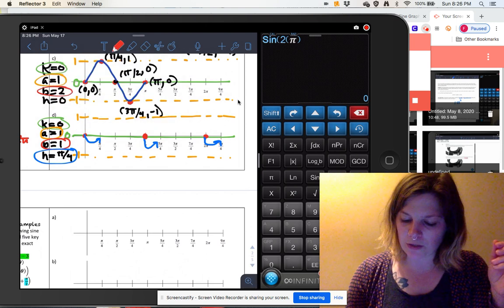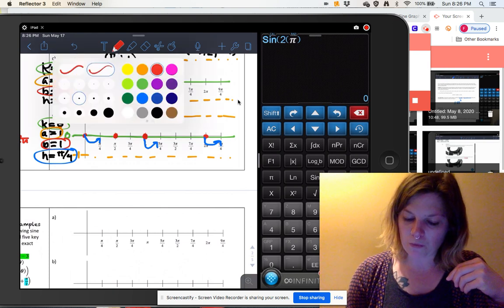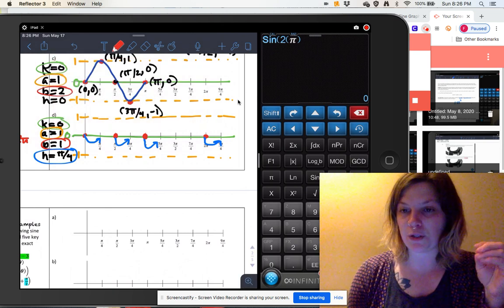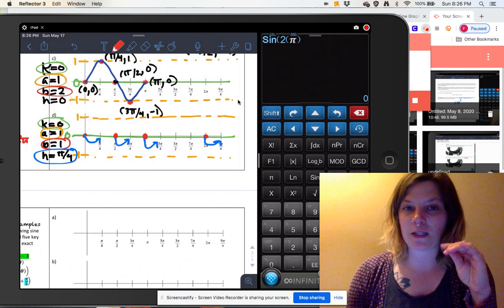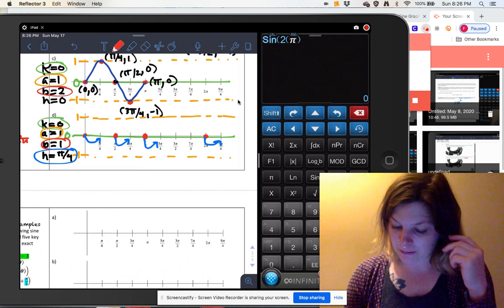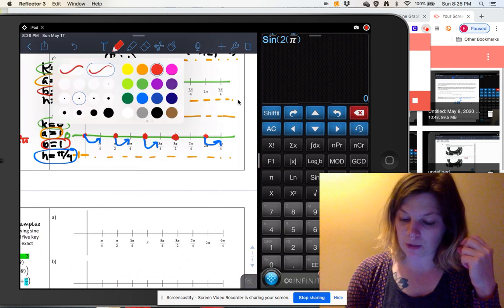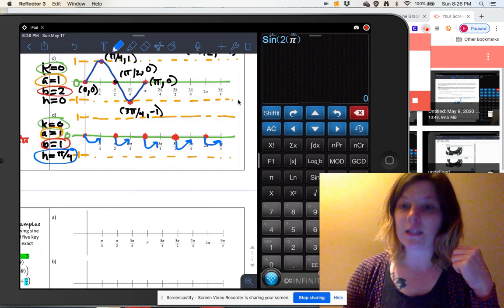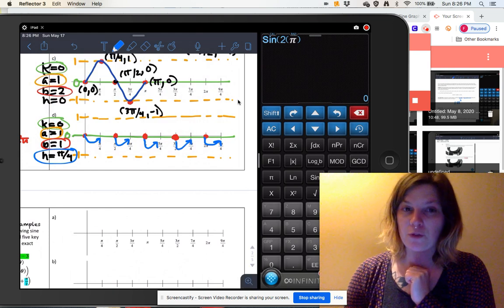Same thing for our maximum. We used to have it here, and we're going to move it over pi over 4. This graph is marked in pi over 4s. I will not give you something that is not a pi over 4 or pi over 2, so don't worry about that. Here is where this point used to be, but now I have moved it over by pi over 4.